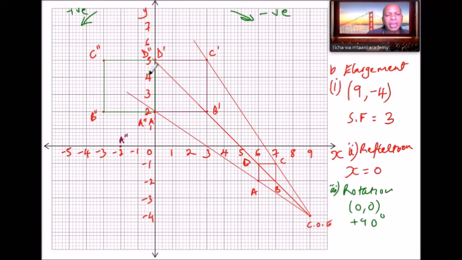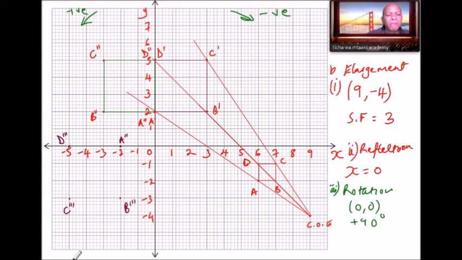B is at (3, 2), so it will be (-2, 3). This is where we have our B triple prime. Our C is at (-3, 5), so it will be (-5, -3). This is where we have our C triple prime. Our D is at (0, 5), so it will be (-5, 0). This is where we have our D triple prime.